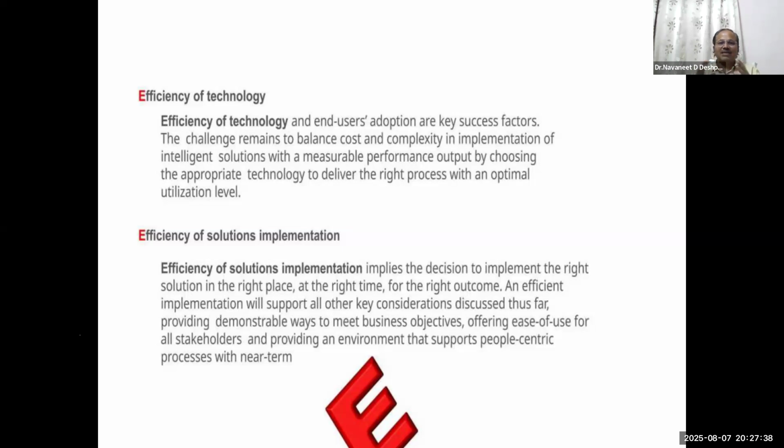You have to manage and become a people-centric process. By becoming people centric, money will automatically follow its due course. The more people centric the organization is, the more chances that it will reap its benefits. So efficiency of solution implementation is the call for the day.